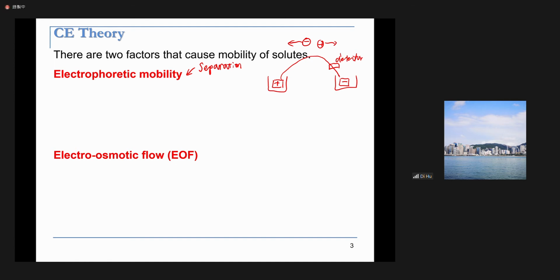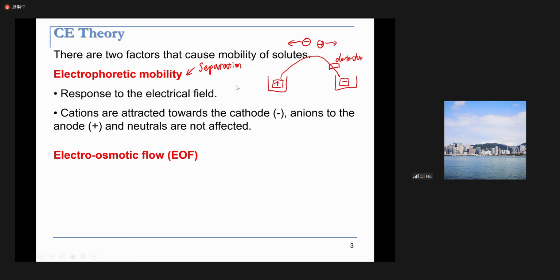The anode is attracting them, right? So they have different pulling forces. Because they have different charge, they respond to the electric field differently. The cations are attracted towards the cathode, and anions are attracted towards the anode.